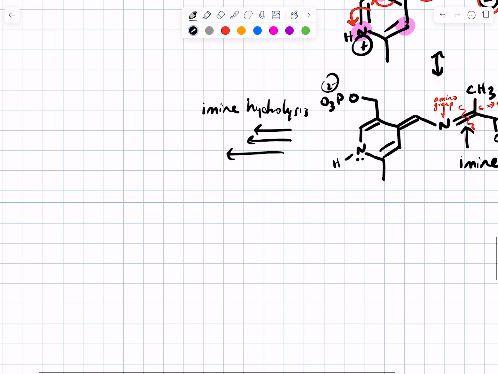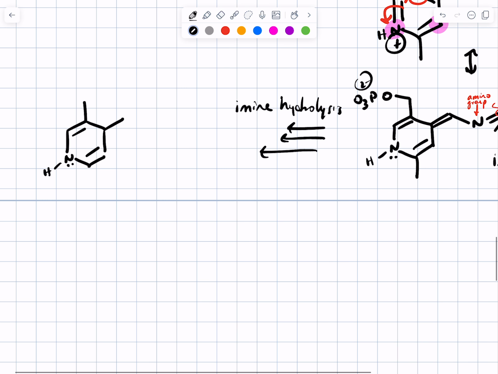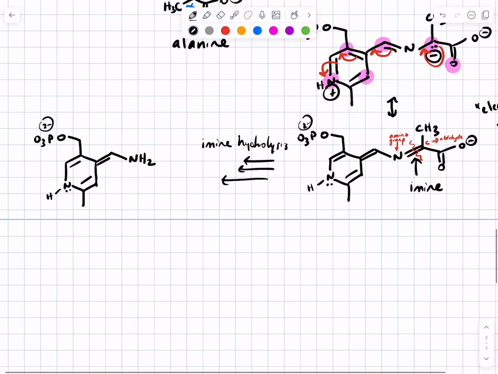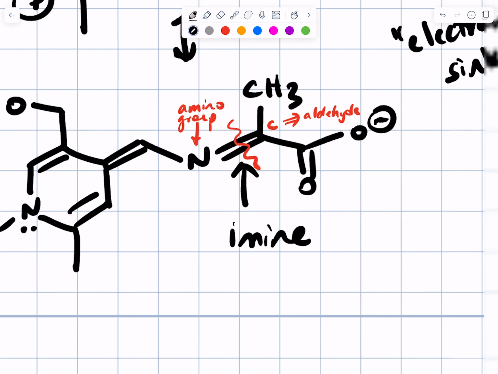But the key point here is that nature has used PLP to basically extract ammonia, an NH3 group, or an NH2 group, from an amino acid, and at no point during the process did we ever generate free ammonia. Left over here on the other side is your aldehyde or ketone.